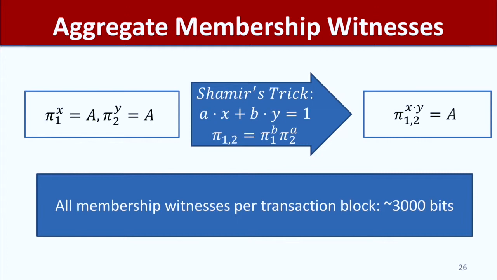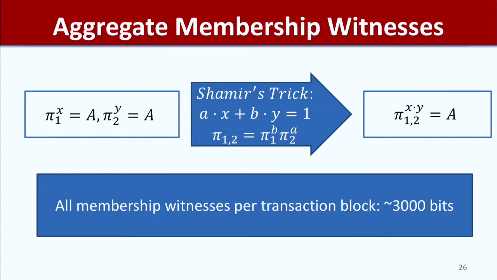And immediately that already makes a huge improvement to the application that we were talking about. If the accumulator is being used for the UTXO set, then when you send a transaction or a block of transactions, instead of producing a single membership witness for every single unspent transaction output that the transaction references, you can compress all those membership witnesses into a single one, which will take about just 3,000 bits of overhead.